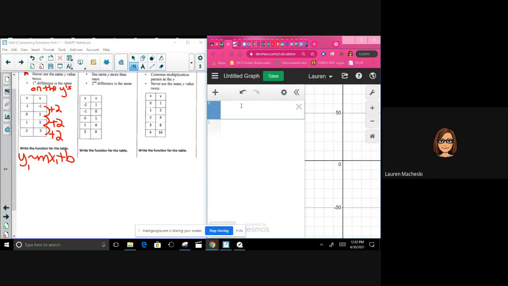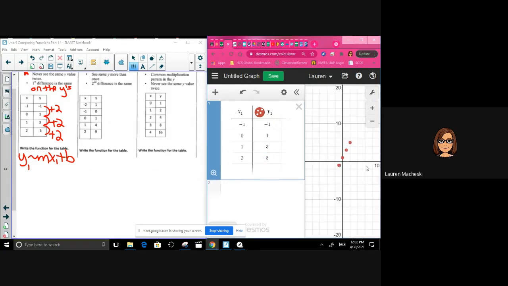Go ahead and hit the plus sign for your table, or hit the plus sign and then go to the table. Put in your X's and then put in your Y's. And then once you put in your table, it gives your scatter plot points. It plots your points there.